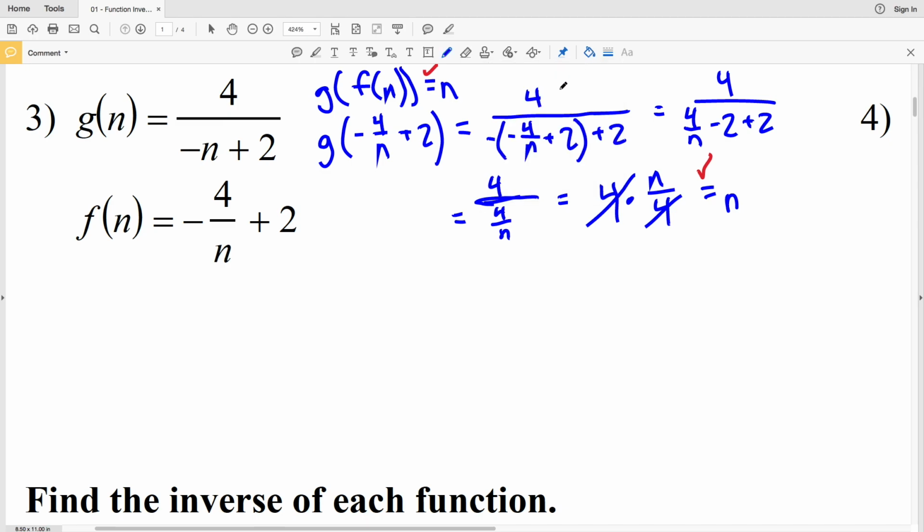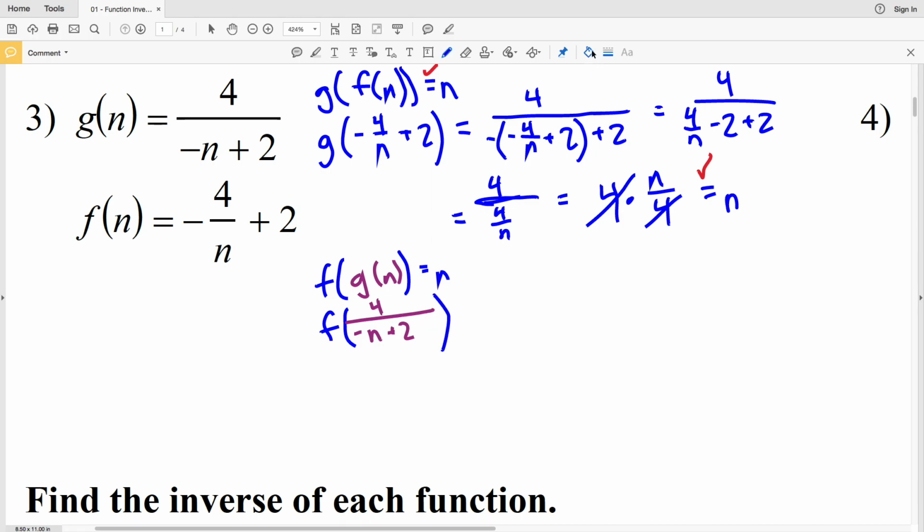Now, we need to see if f of g of n equals n. And just so you can see this a little bit visually, I'm going to mix up the colors of g of n. So we're plugging in g of n for f, and we're going to see if that equals n. So I'll have f of the function g of n, which is 4 over negative n plus 2.